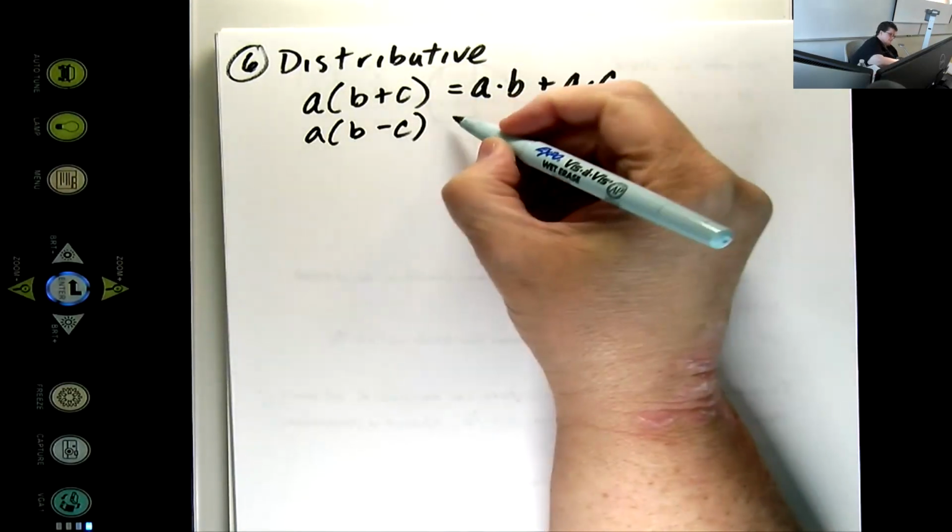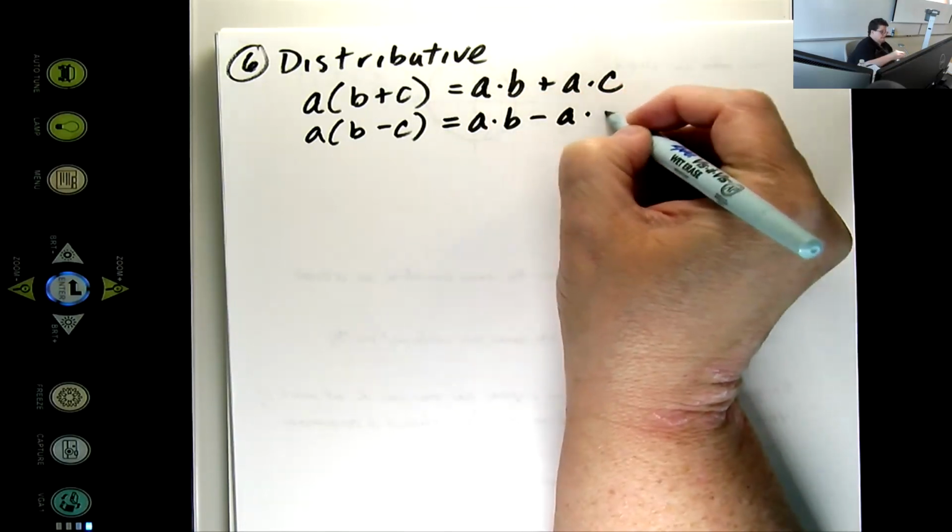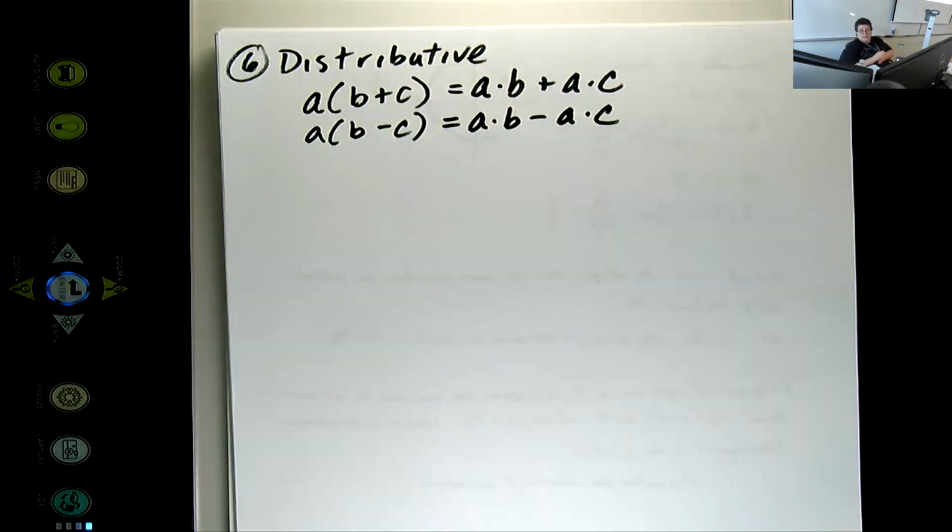A times (B minus C) equals A times B minus A times C. The only reason you wouldn't combine B and C first is if at least one of them was a variable.